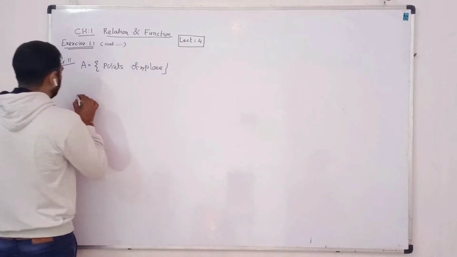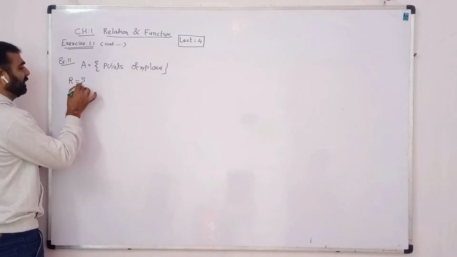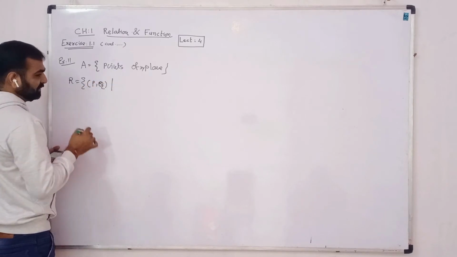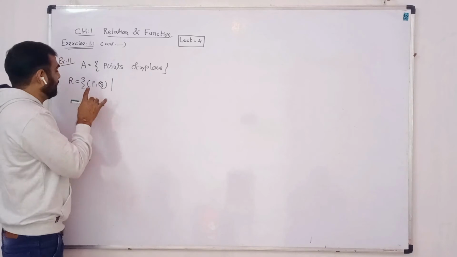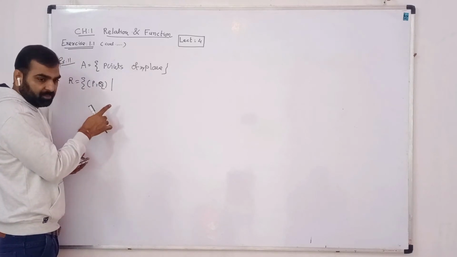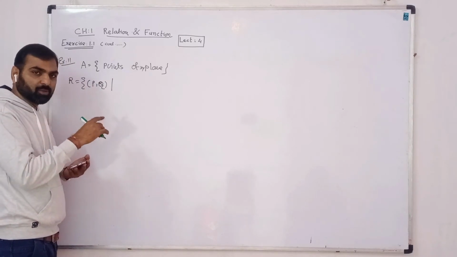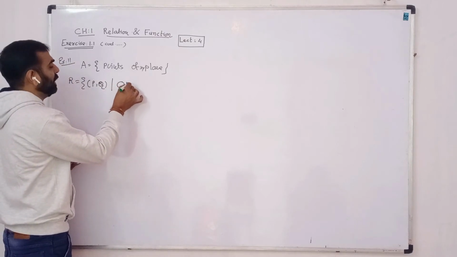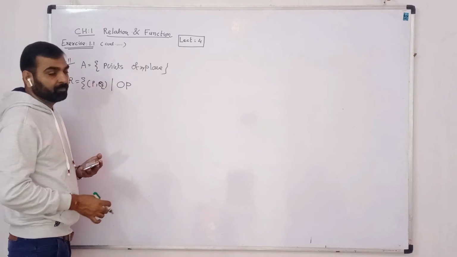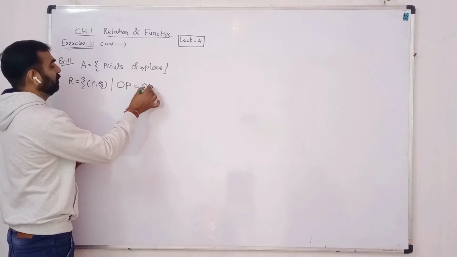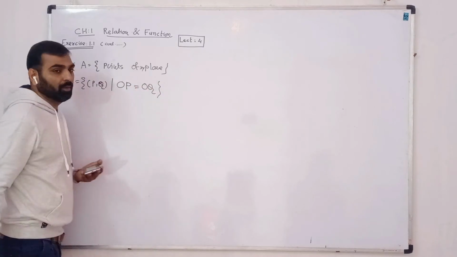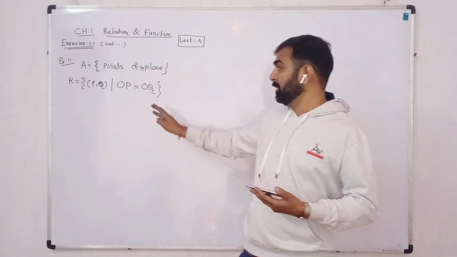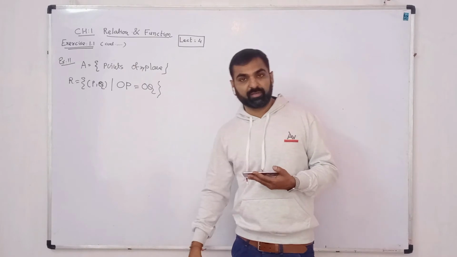So we convert this long statement into short form. That is, P and Q such that the distance of point P from the origin is equal to the distance of point Q from the origin. So this is OP, which is equal to OQ. This is the relation that we are given.